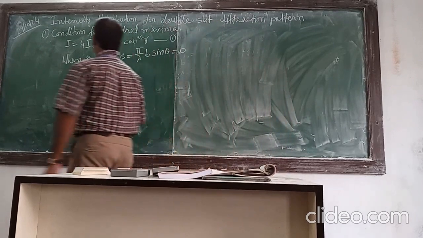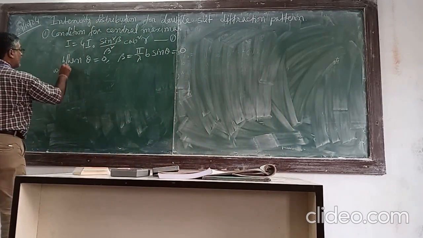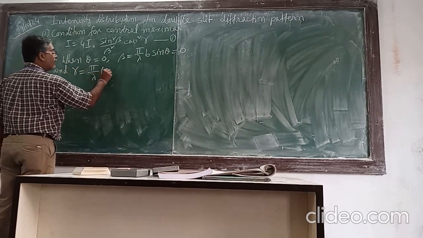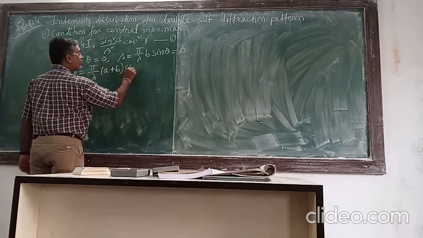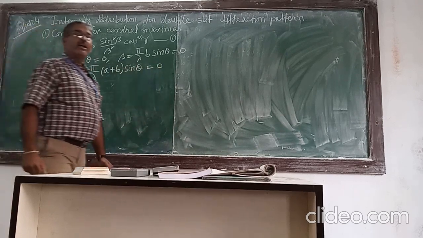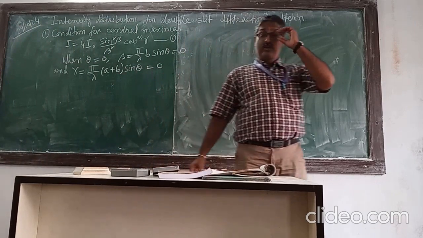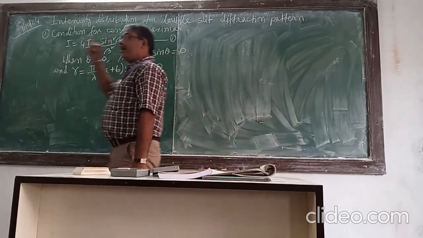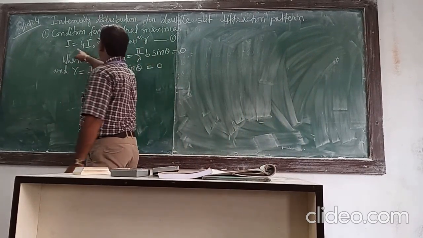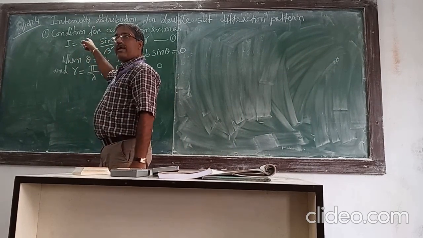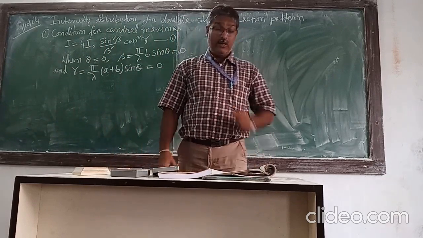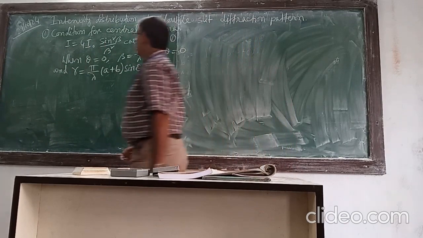And gamma equals pi by lambda (a plus b) sin theta, which is again equals 0. But like a single slit, if beta equals 0, then it becomes infinity. So why beta not equals 0? We have to take beta tends to 0.